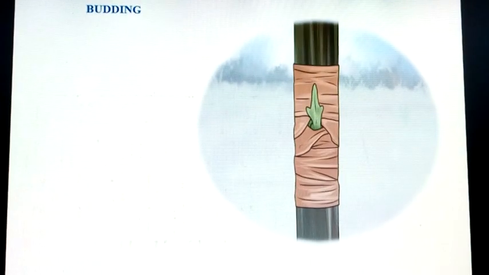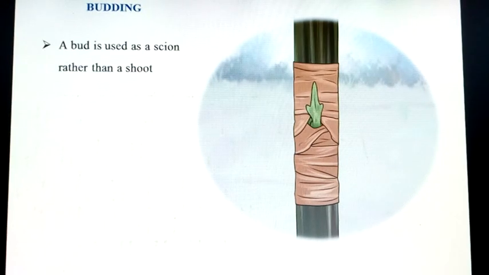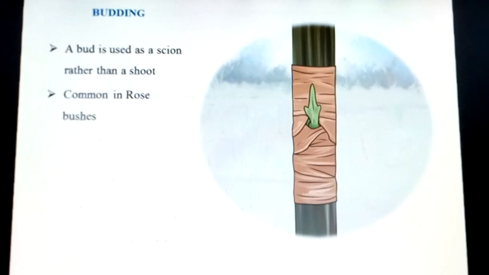This differs from grafting in one way. The scion used is a bud, while the scion used in grafting is a shoot. So you put a bud onto a stock, and this bud will eventually develop into an independent plant.